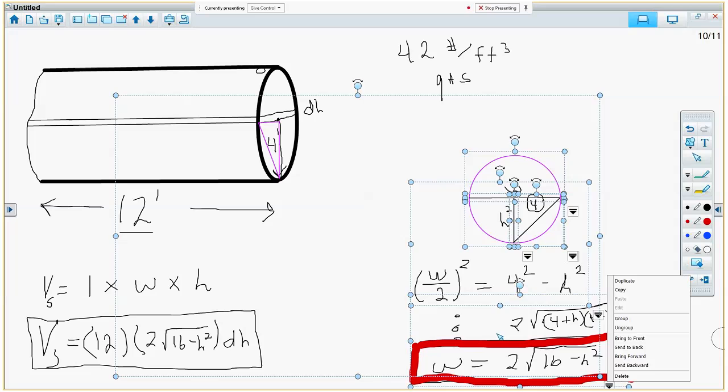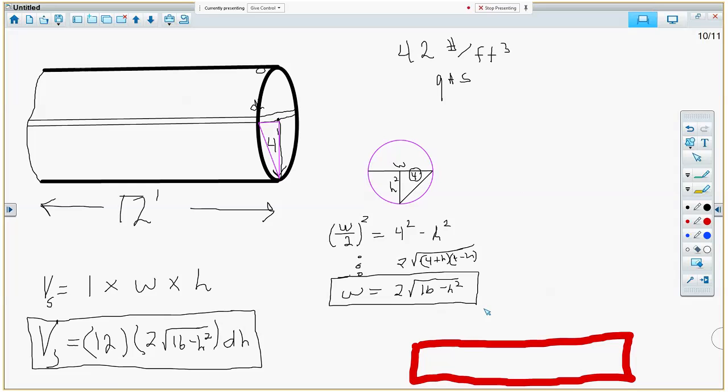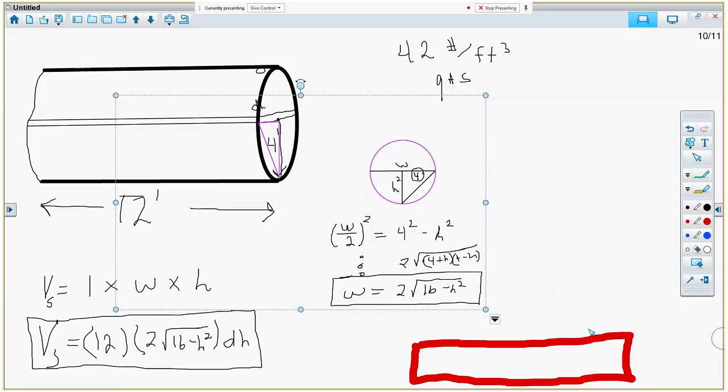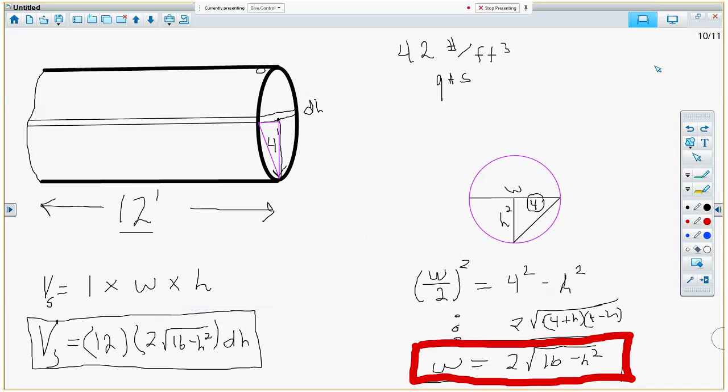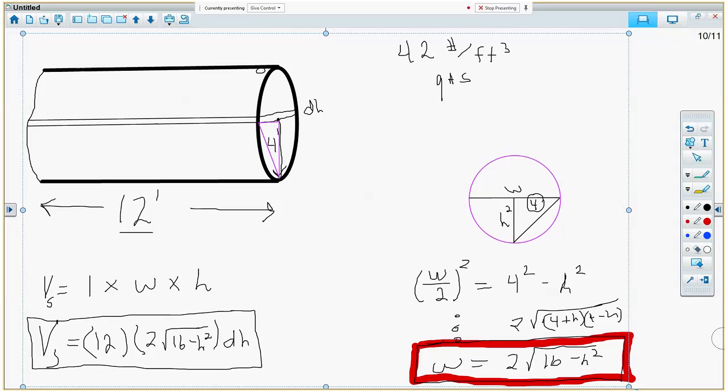Hold on, let me make just group. Well, what did I not group? I dadgum did the whole thing. Whatever. See, it's okay.